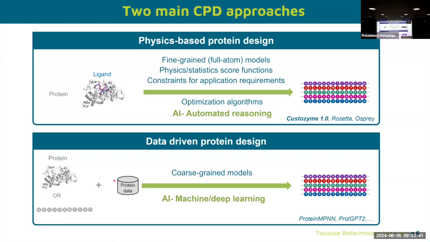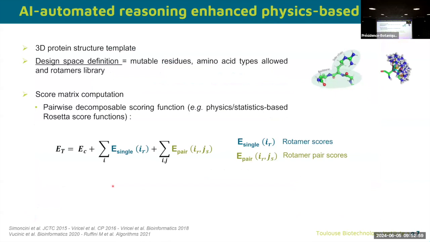So for our AI automated reasoning method using physics-based design, we use a 3D protein structure template and a design space definition to compute a score matrix with a pairwise decomposable scoring function. This approach uses an automated reasoning algorithm, the cost function network, to explore the combinatorial search space and find the sequence that optimizes the score to its global optimum.